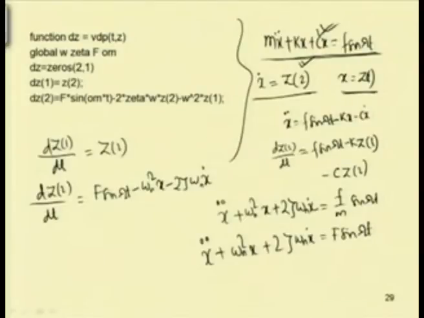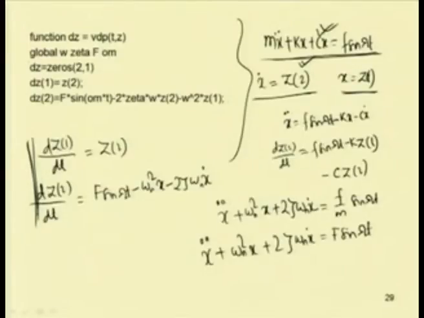By putting these two equations in a function, in MATLAB this function is written as VDP. So, function dz equal to VDP, and using global values, w represents omega n, zeta is the damping ratio, f is the amplitude of the excitation, and om is the frequency of the excitation.